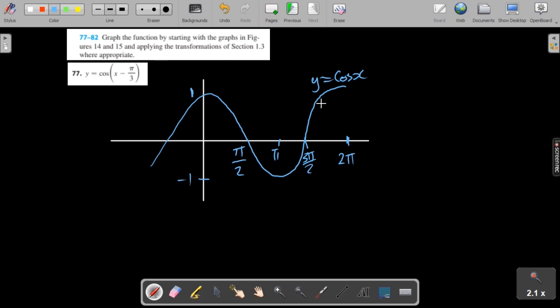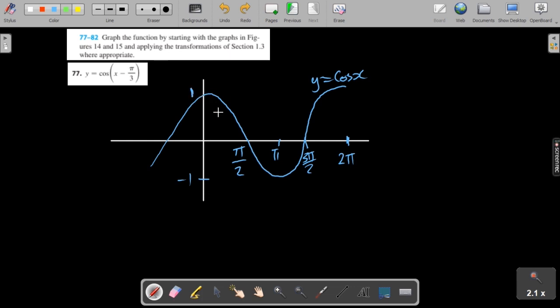So now we are supposed to shift this to the right by pi over 3. So this question 77 is a right shift of this blue function by pi over 3. All that you have to do is add pi over 3 to each of these angles and then shift your graph. For example, this is at 0 radians where we have 1.